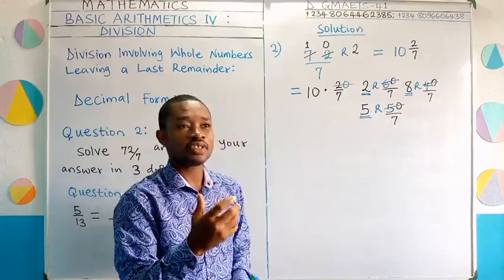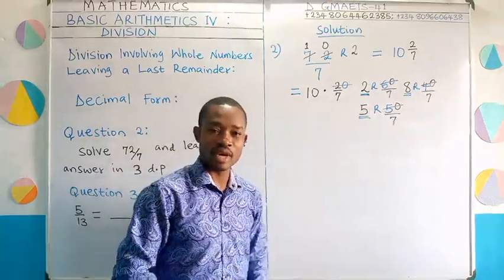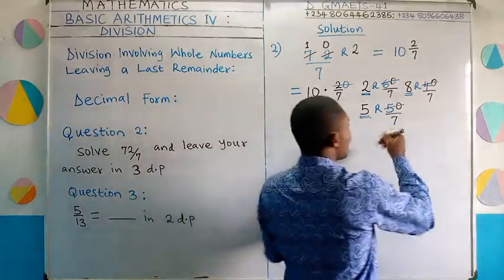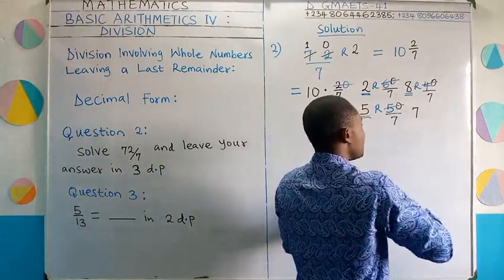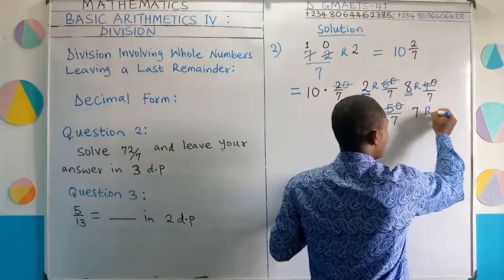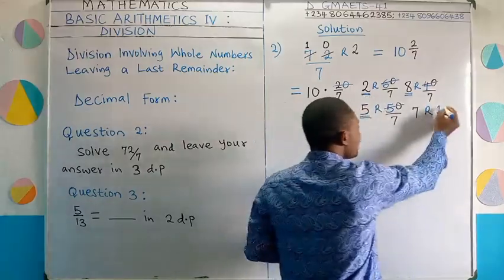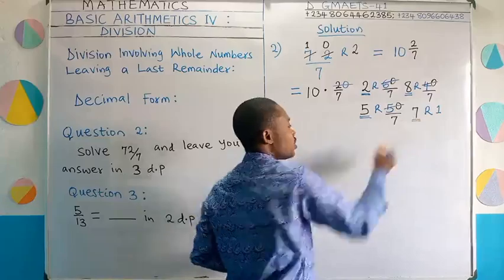If you do 7 times 8, you get 56, which is more than the 50 you are dividing already. So that 7 times is what you will go for. That's going to give us 7 whole times, then remainder 1. I will stop here. I will not attach any 0 to this again. Let me underline this, because this will form our fourth decimal digit.